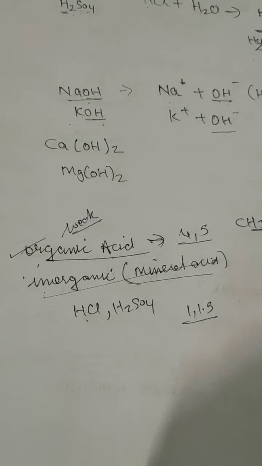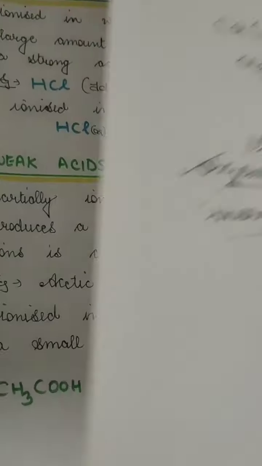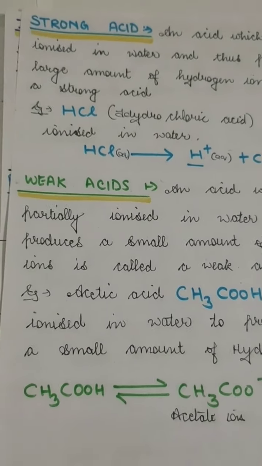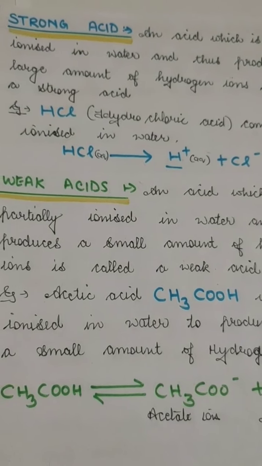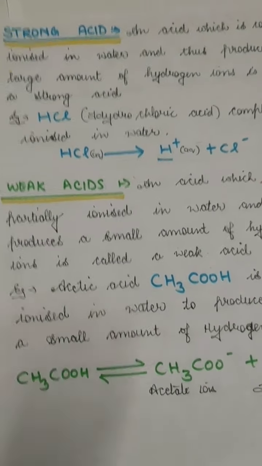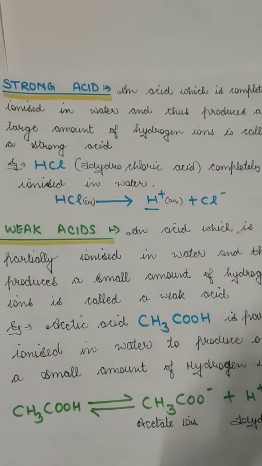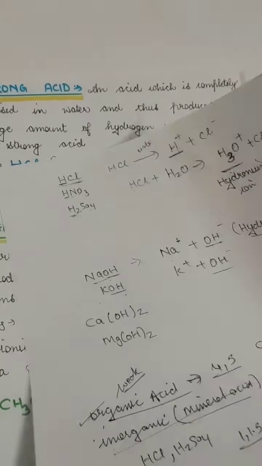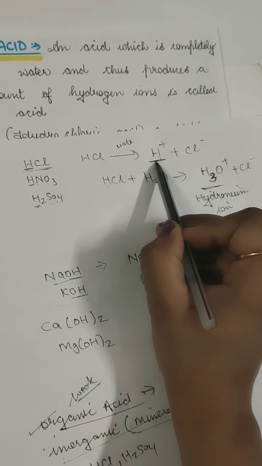Now what makes them weak and strong? Why do we call them weak acids and strong acids? Why are organic acids weak and mineral acids strong? The reason is how completely the acid ionizes in water. At the start of the chapter, I told you acids are compounds which form H plus ion.